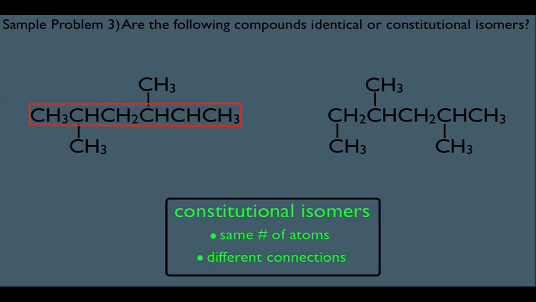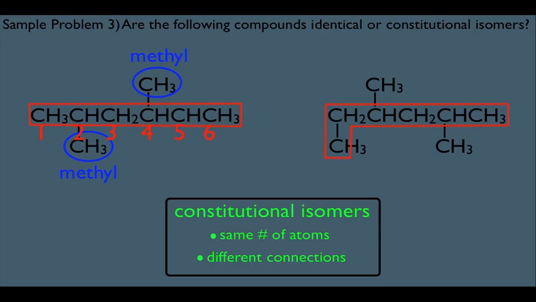The first molecule would have this as its longest chain, leaving us with this particular numbering and a methyl substituent on carbon 4 and carbon 2. If you investigated the right-hand molecule here, you'll notice that it also has a 6 carbon long chain.